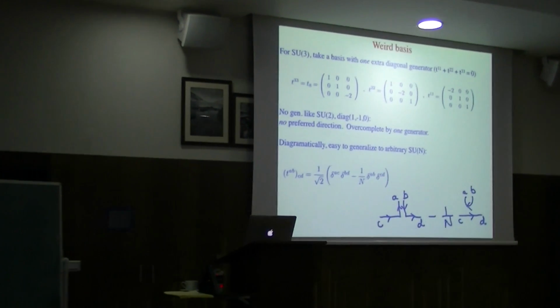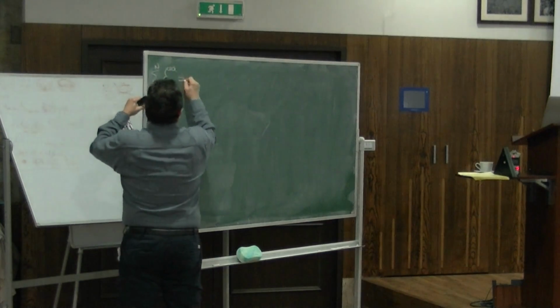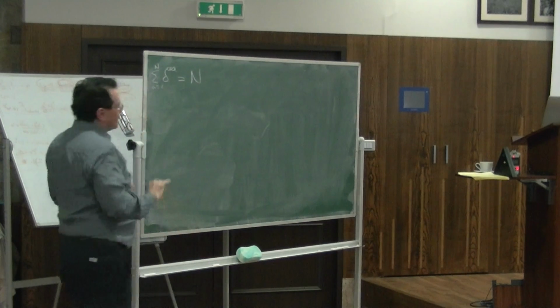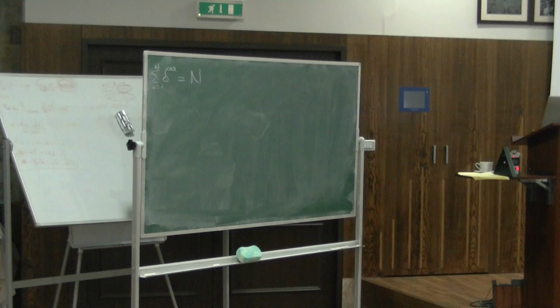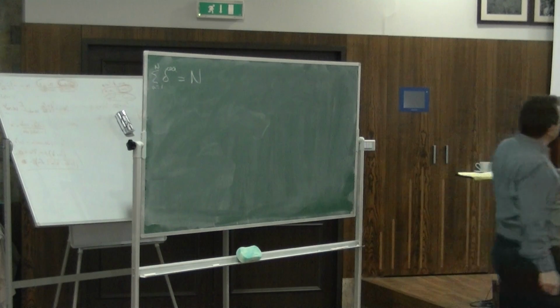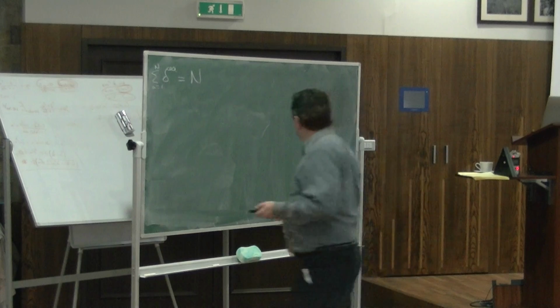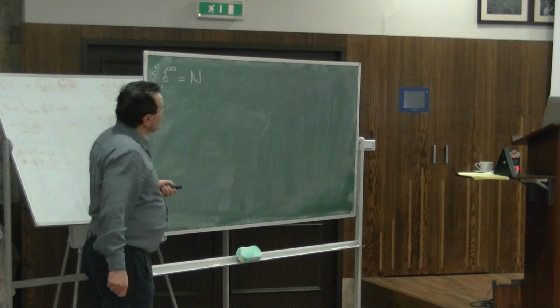In particular, delta AA, which is the sum on A from 1 to n, is equal to n. Okay? And then I'd like to show you that this is a representation for the generators of SU(n), and it's something you can remember without knowing anything about SU(n).